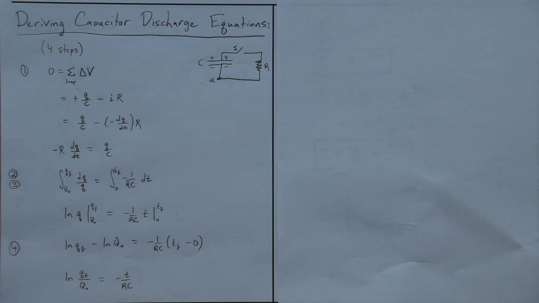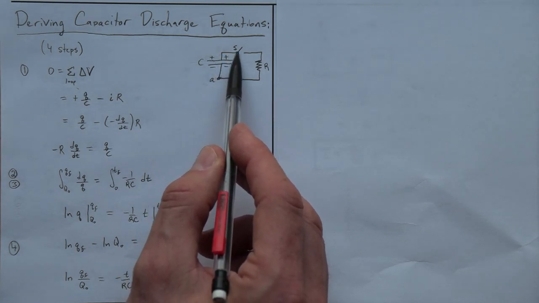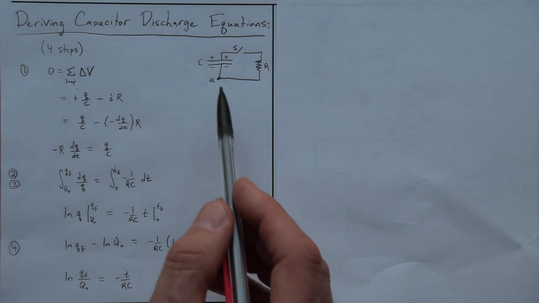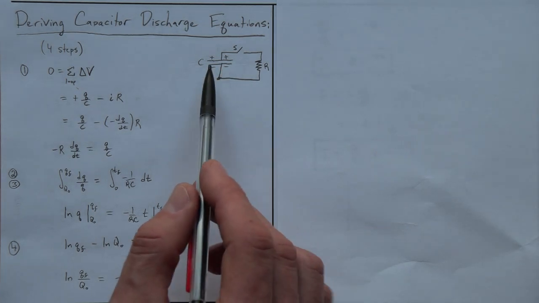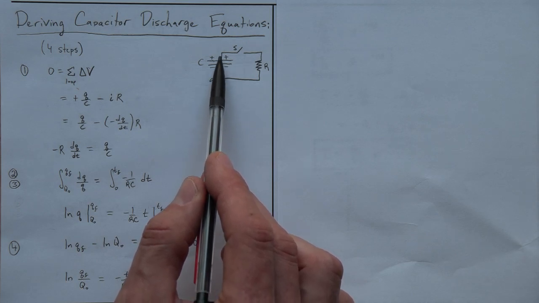Once again, the 4 steps. The first one, we make a differential equation using Kirchhoff's loop rule. So again, we pretend we're a little ant with a little voltmeter. We begin at some point in the circuit and we walk around and tally the voltage in that circuit. First thing the ant will encounter is the capacitor. Walking from the negative plate of the capacitor to the positive, it's going to go up volts.